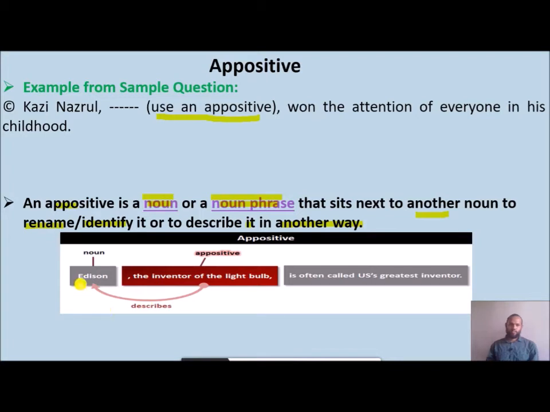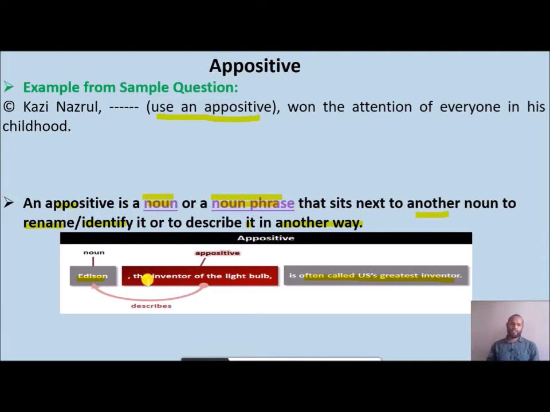Here is an example. You see, Edison is often called the US's greatest inventor. Okay, so if we want to describe Edison or identify Edison in another way, the noun or noun phrase we will use will be an appositive.